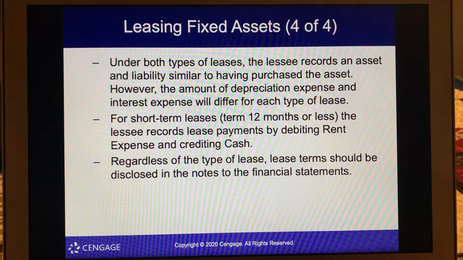However, the amount of depreciation expense and interest expense will differ for each type of lease. For short-term leases, term 12 months or less, the lessee records lease payments by debiting rent expense and crediting cash. Regardless of the type of lease, terms should be disclosed in the notes to the financial statements.